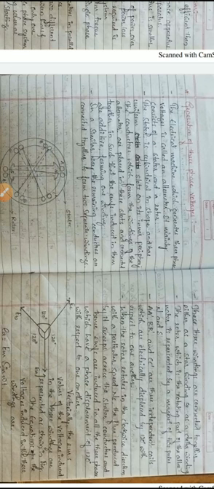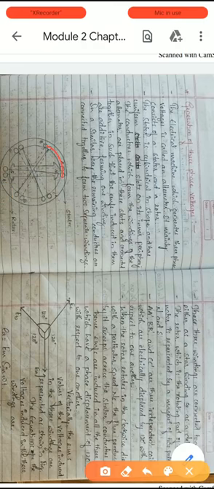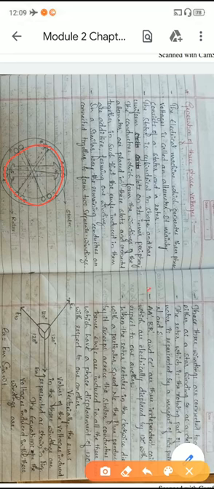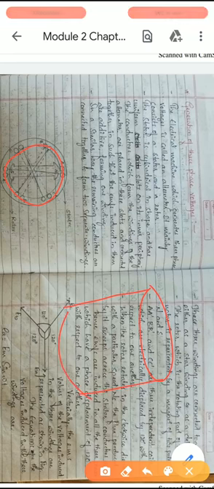The stator is cylindrical in shape and has uniform slots in its inner periphery. You can see here, this is the cylindrical one, it will be something like this. Here we place the conductors, and these conductors are placed in such a way that the induced EMF is additive in nature.